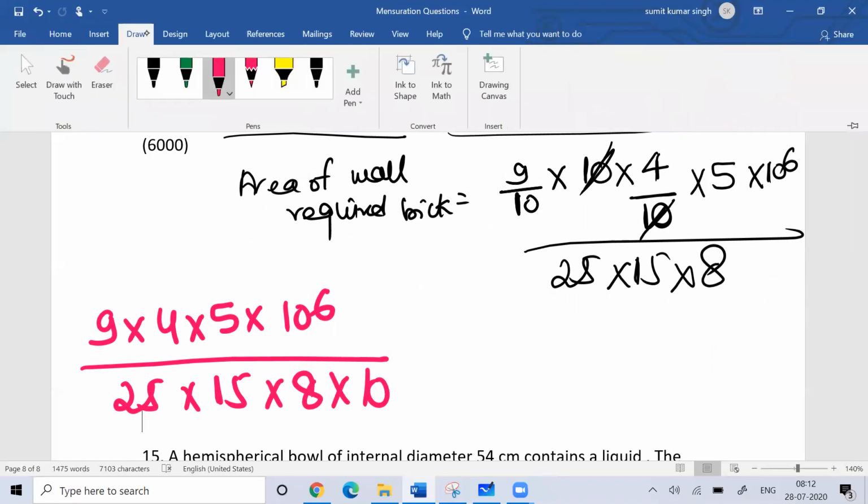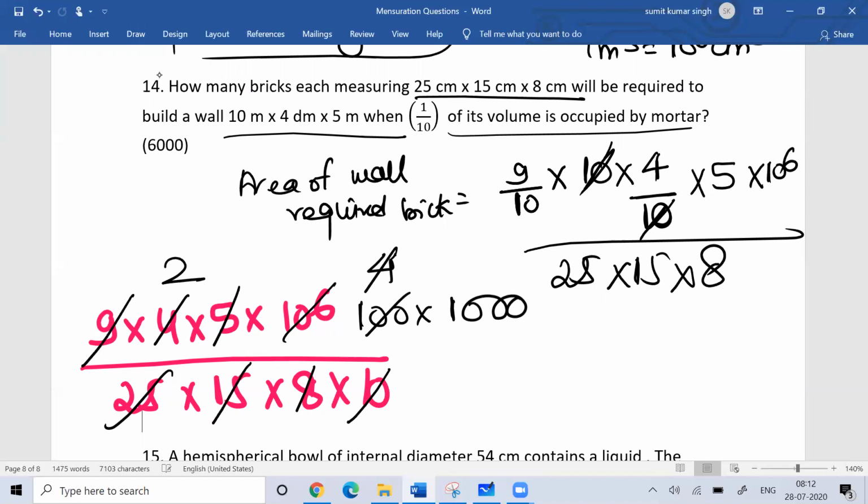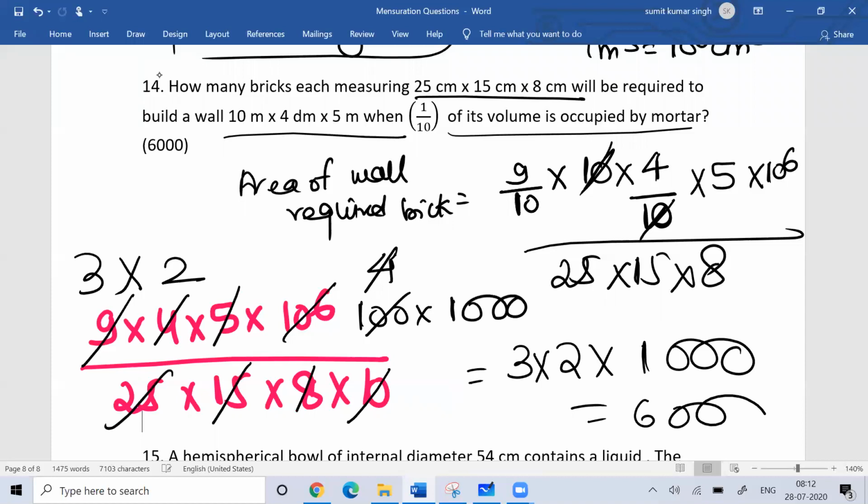So now this is 10 to the power 5. Then cancelling the factors, the denominator is gone. Numerator is 3 into 2 into 1000, so this is 6000.